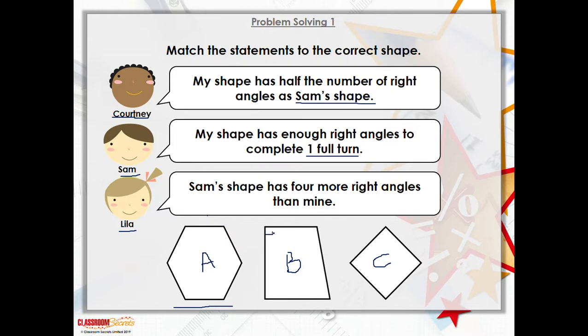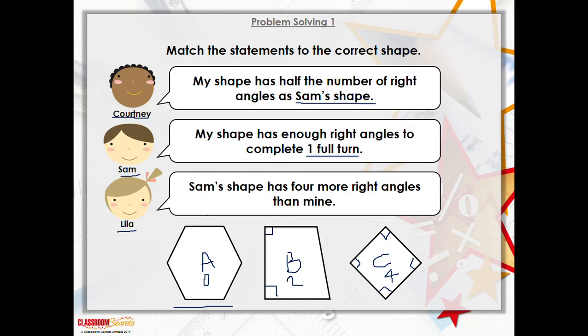Shape B has got 1, 2 right angles. Shape C has 1, 2, 3, 4 right angles. Okay, so A's got 0, B's got 2, and C has 4.